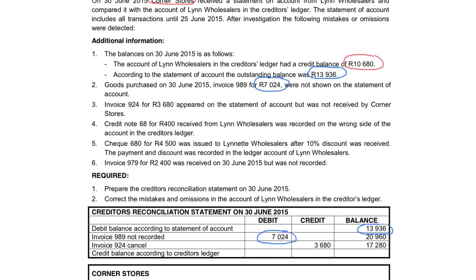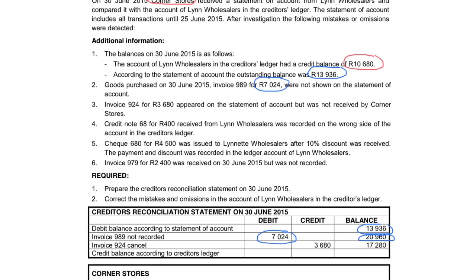So they will take the balance of 13,936, add the 7,024, and say that means now the closing balance is 20,960 because the invoice was issued when goods were sold and they didn't record it, and anything that they did incorrectly, either an omission or a mistake, will be corrected in the creditors reconciliation statement in the way that they will record it in their books.